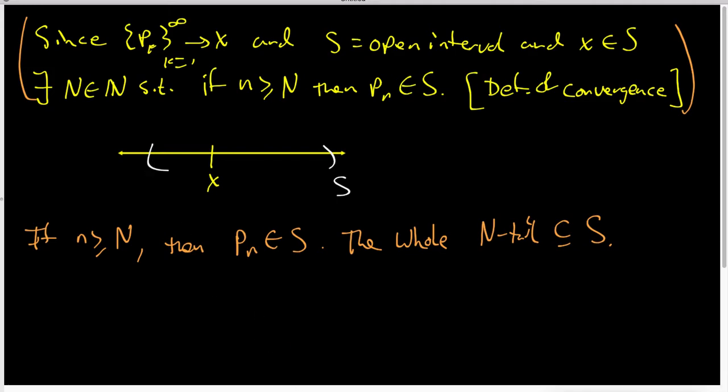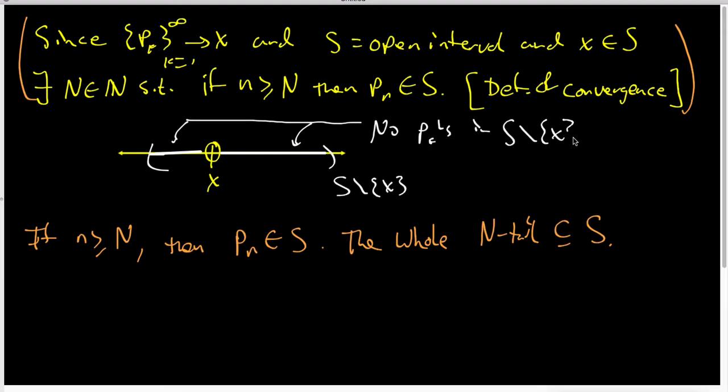If I delete that point X and I look at the set S take away X, which remember looks like this, there are no pKs in S take away X.